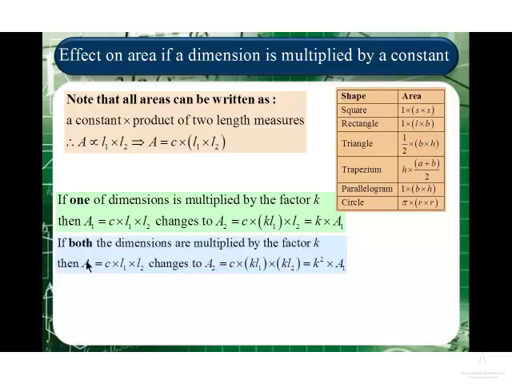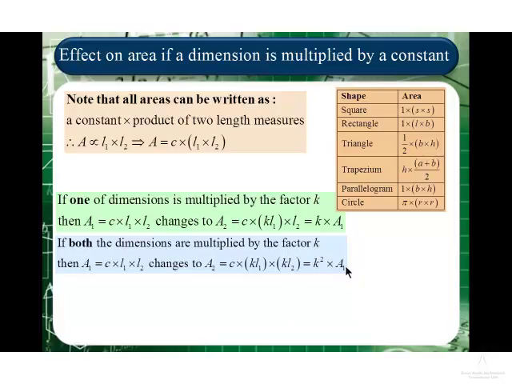On the other hand, if both the dimensions are multiplied by a factor k, constant k, then the area A2 will change as indicated, since we're multiplying both the length measures with a constant k, to become k squared times the original area. Note that is important.